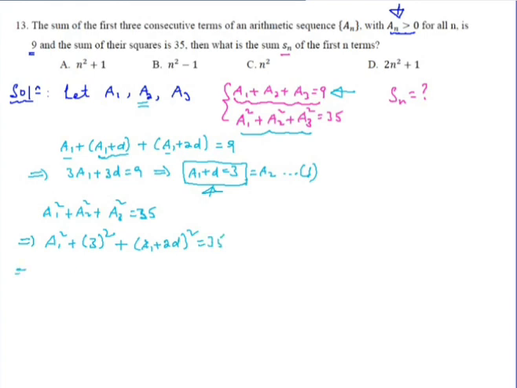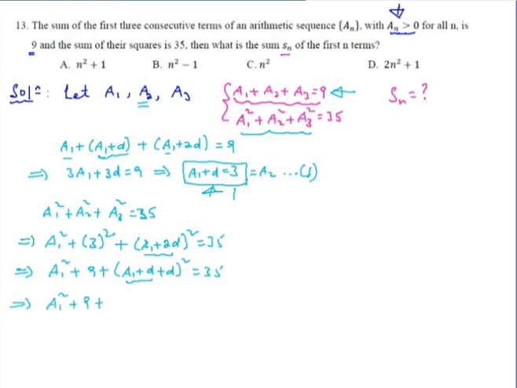So A1 square plus 9 plus, A1 plus D plus D, the whole square, is equal to 35. Where A1 plus D appears, we substitute 3.